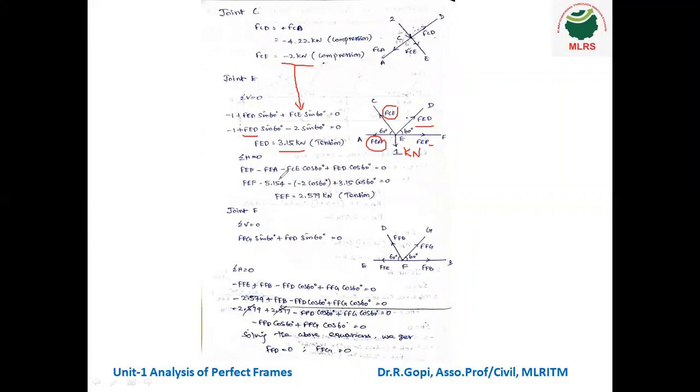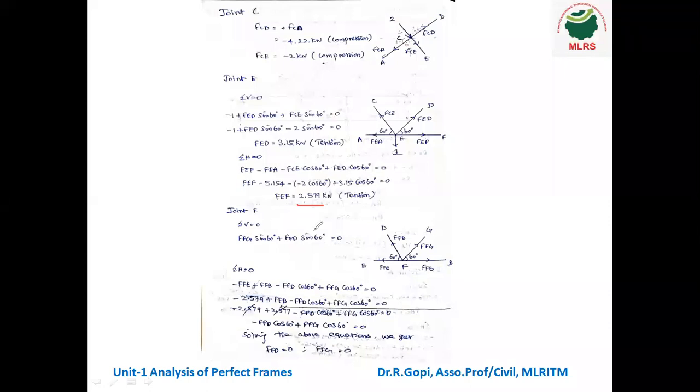So FEF minus FEA minus FCE cos 60 plus FED cos 60. FCE is left side, so I put minus. FED is right side, so I put plus. Substitute all the known values, and finally we got FEF as 2.579 kilonewton.